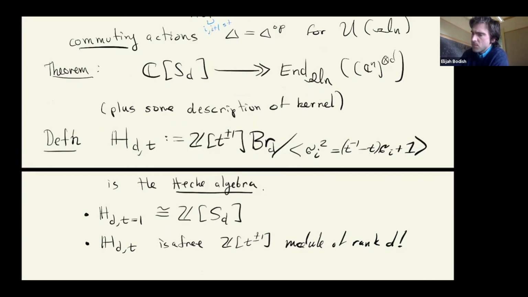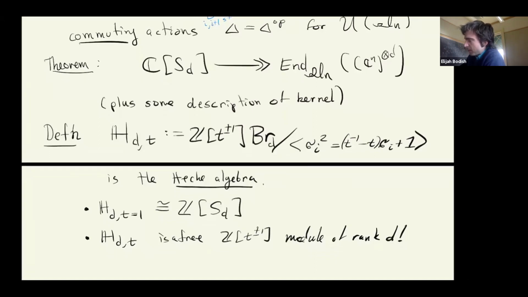There are other places that this algebra arises, but this is all we need to know about it for now. It's a quotient of the group algebra of the braid group by this quadratic relation, such that if I set t equal to 1, I recover the usual symmetric group. And we're going to see that it will replace the group algebra of the symmetric group in this Schur-Weil duality once I replace SLN with U_q(SLN) and C^n with the quantum version of the vector representation.